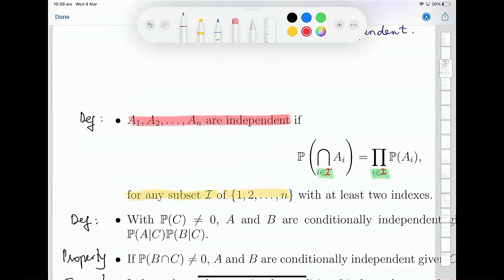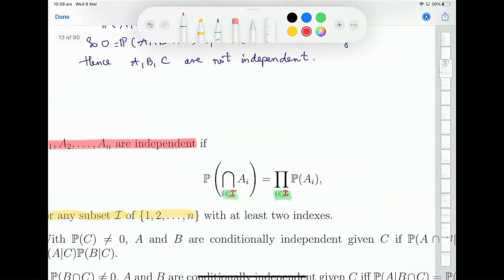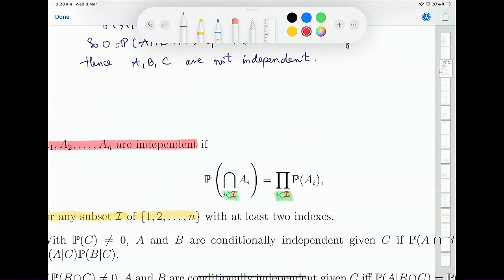What does it mean? Let's go with an example for 4 events. Say we have 4 events, A1, A2, A3, A4, and we say that they are independent if, so what is the condition for these 4 events to be independent?